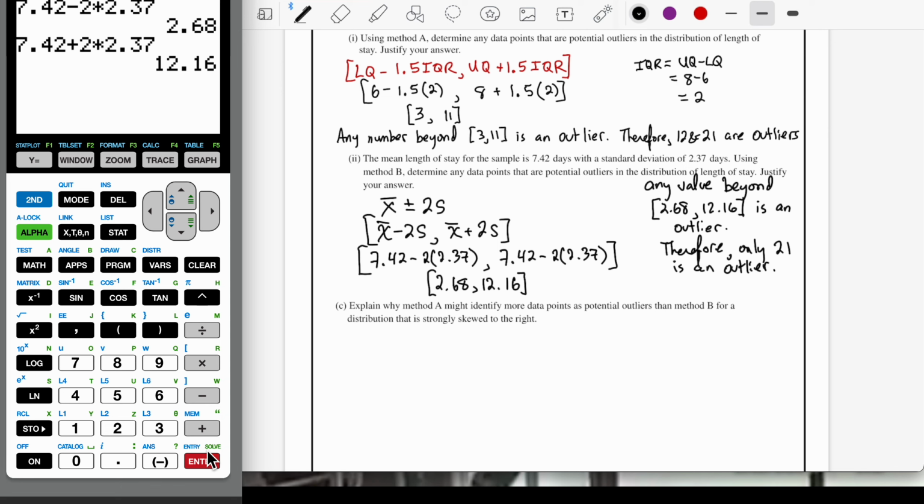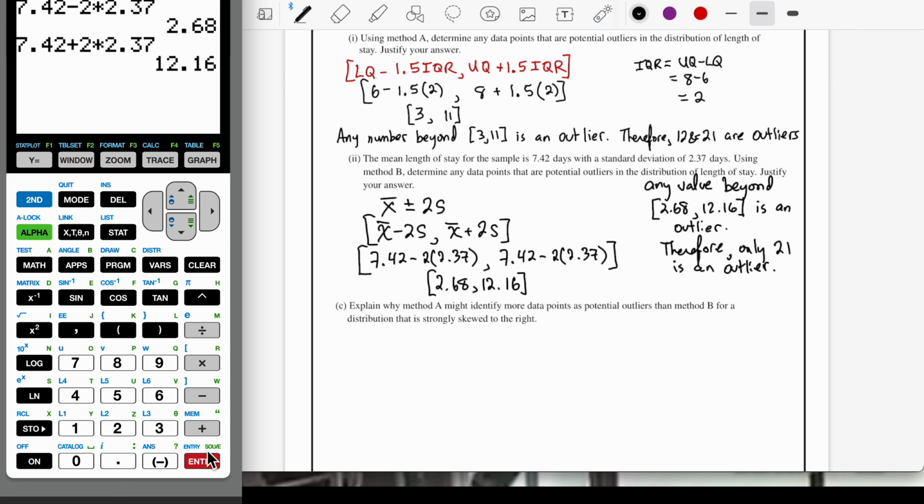So you're looking at something that is a narrower interval, right? When we're using the traditional outlier approach than the usual values method.